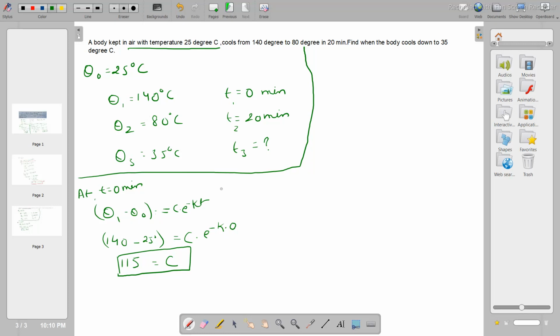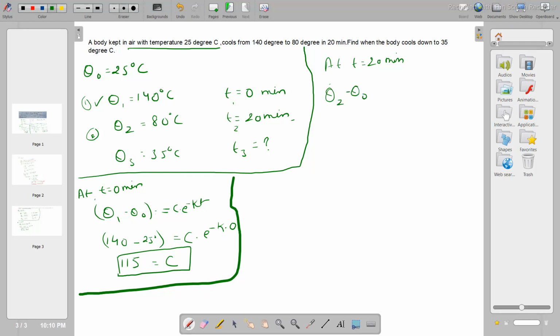Now we'll move ahead. Second, at t is equal to 20 minutes. This first one is completed. Now we are going to the second one. Theta 2 minus theta naught is equal to c into e power minus kt. Theta 2 is 80 degrees Celsius minus 25, and we have c right now, 115, into e power minus kt.